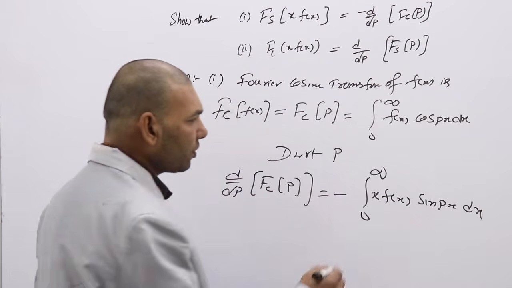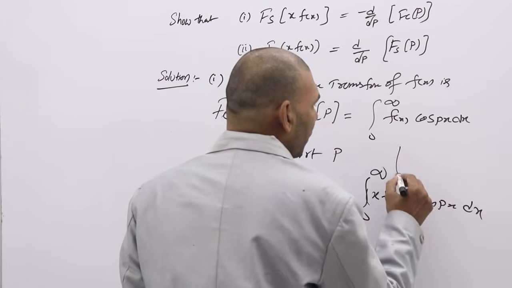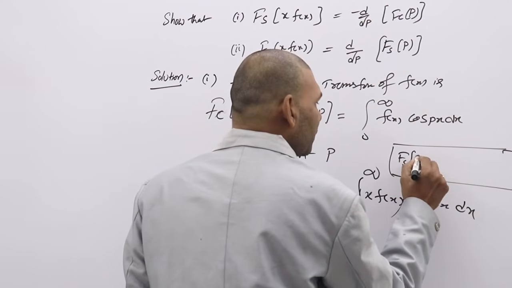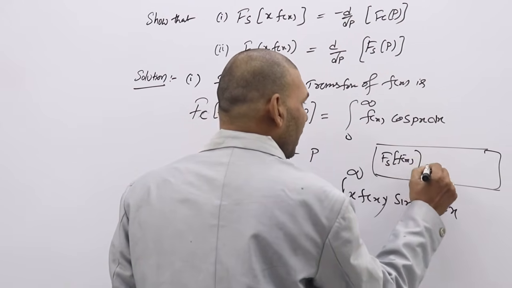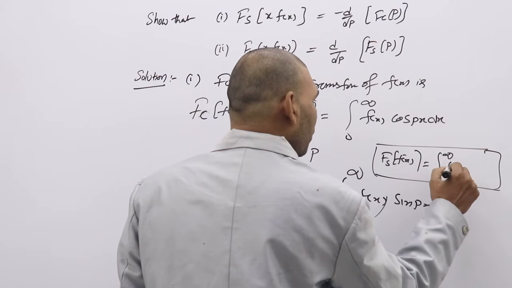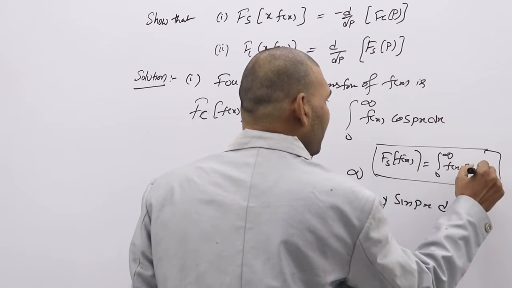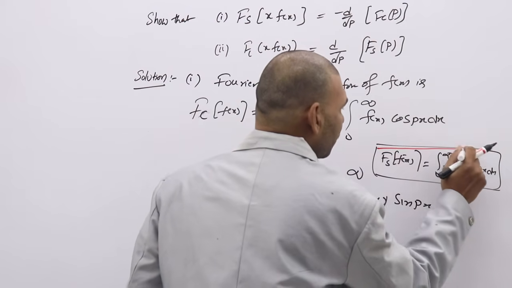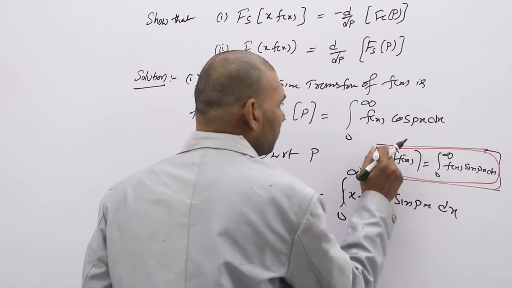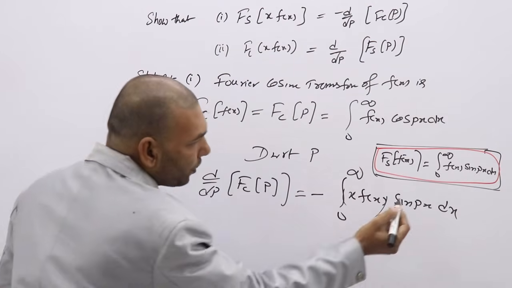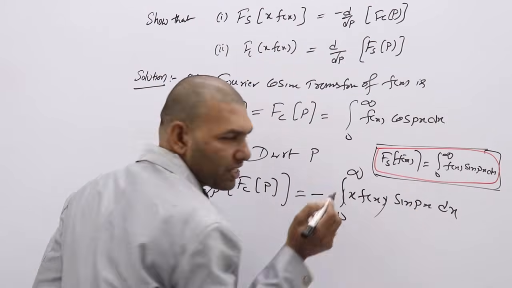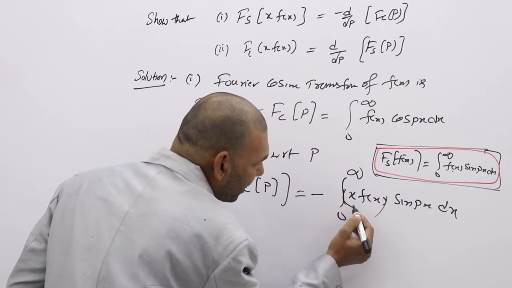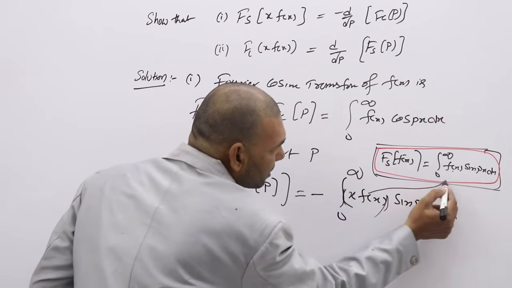If you observe this very clearly, we know this formula. The Fourier sine transform of f of x we write like this: integral 0 to infinity f of x sin px dx. This is the Fourier sine transform, we all know. So if you have f of x, we write that as fs of f of x. But here, in the place of f of x, what we are having is x f of x.